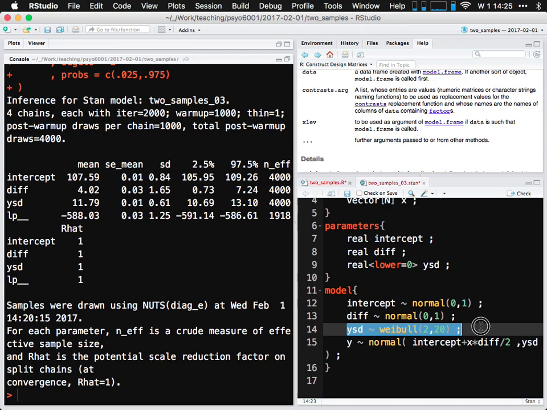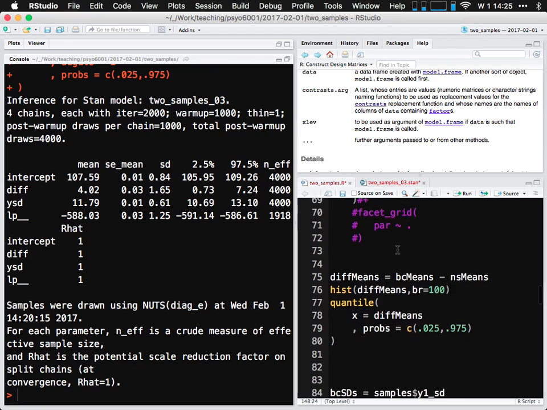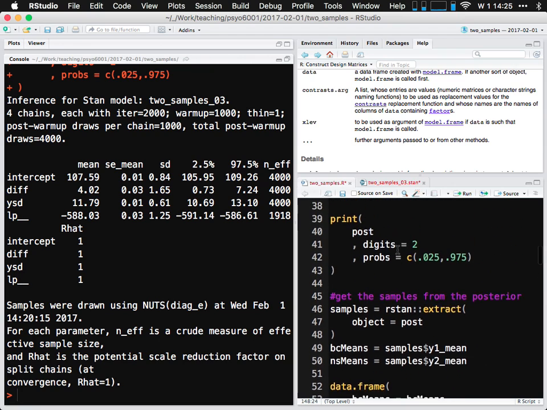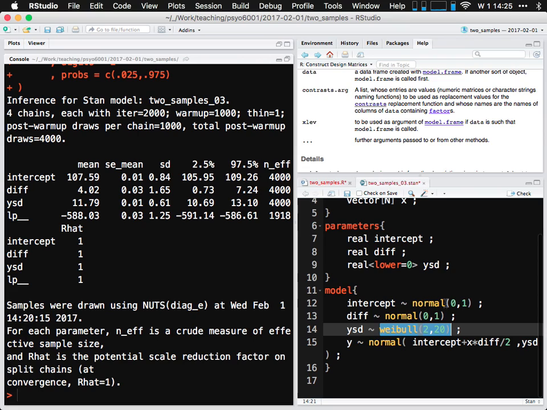Our Weibull distribution, having a 2 and 20, made it so that it was peaked around 15. We could go back up to our curve code and figure out a better one, but I'd actually shown you before that 2 and 1 here creates a curve that is peaked at about 0.8, 0.9.